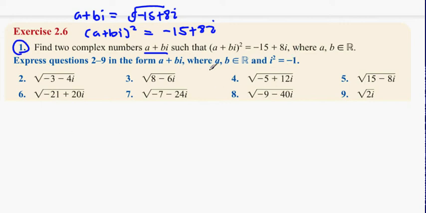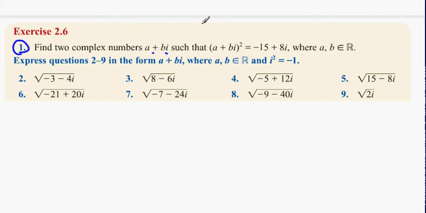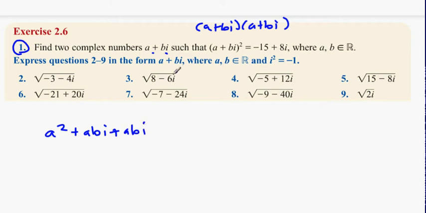Okay, so what I'm going to do is square out both sides of question number 1. So I'm going to get a plus bi and then a plus bi, squared out, and I'm going to get a squared, then I'm going to get abi plus another abi. So abi, and then it's going to be bi by bi, which is b squared i squared, which is minus b squared.